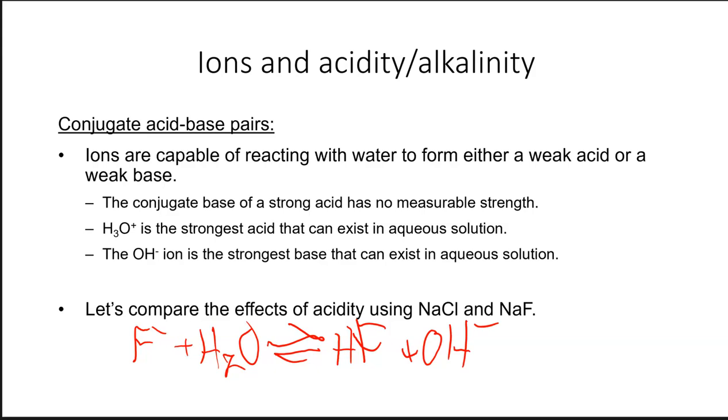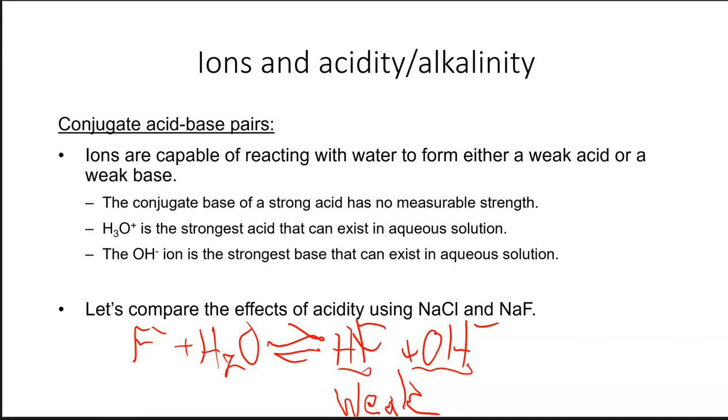This reaction does occur because HF is weak. As long as you're not producing a strong material, then the ion is capable of affecting the pH of a solution. So what's the net effect of a fluoride ion? Well, it creates OH. OH relates to base. So adding fluoride ions makes a solution more basic.